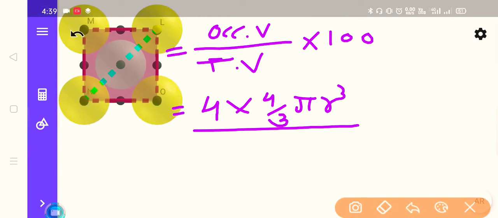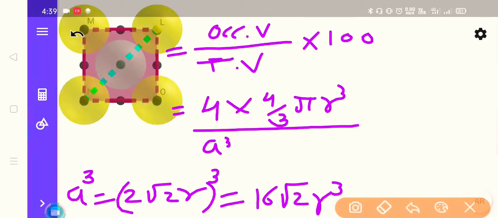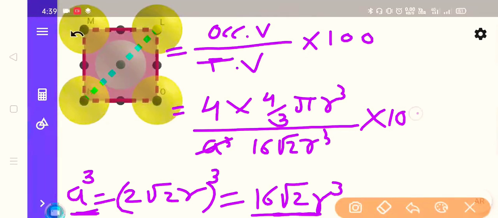Now the total volume, again it is for the unit cell, so it will be a cube, but as mentioned earlier a is equal to 2 root 2 r, that means a cube is equal to the whole cube, and it is equal to 16 root 2 r cube. Okay, so we can use this value instead of a cube in the given equation. So our a cube will now be 16 root 2 r cube, and multiply by 100.